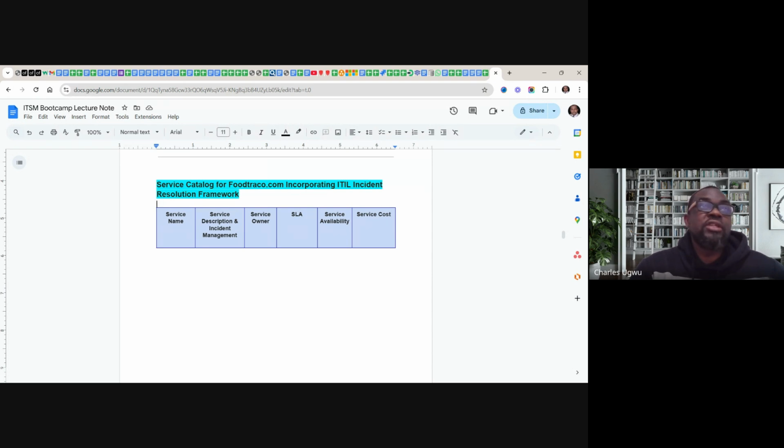That is the major thing: to help every unit solve their challenges and make sure that they have smooth running of IT within the organization.